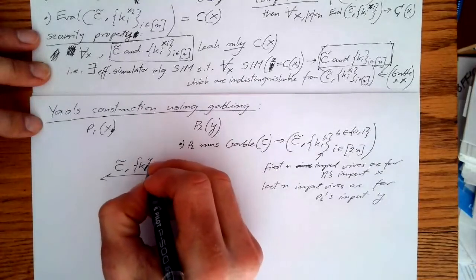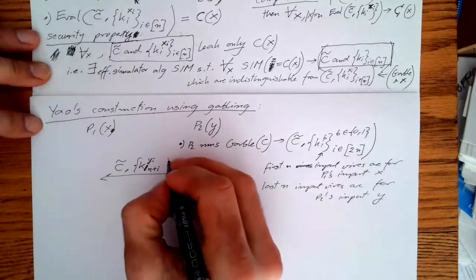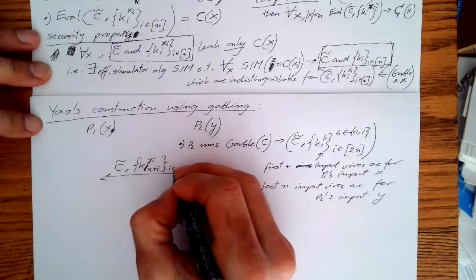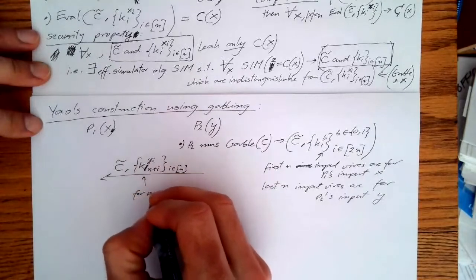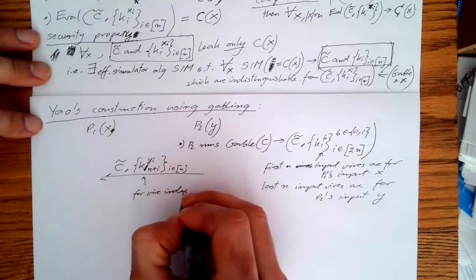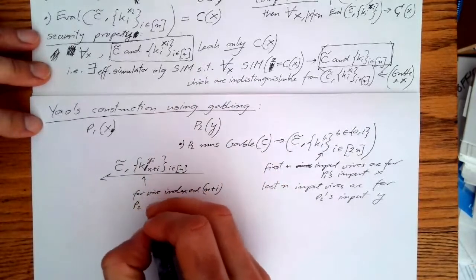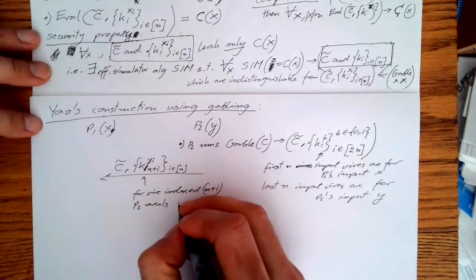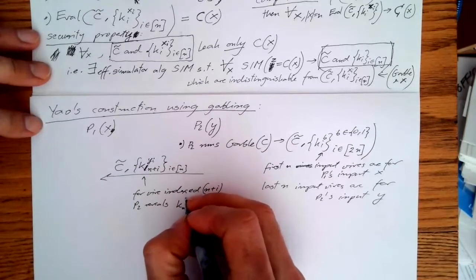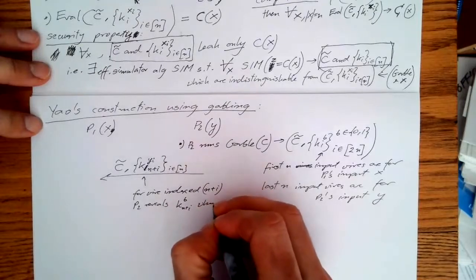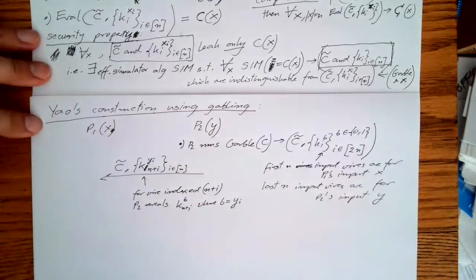And which of the two keys should he give? For a wire indexed n plus i, P2 reveals k_{n+i} indexed by bit b, where this bit is equal to the ith bit in his input.